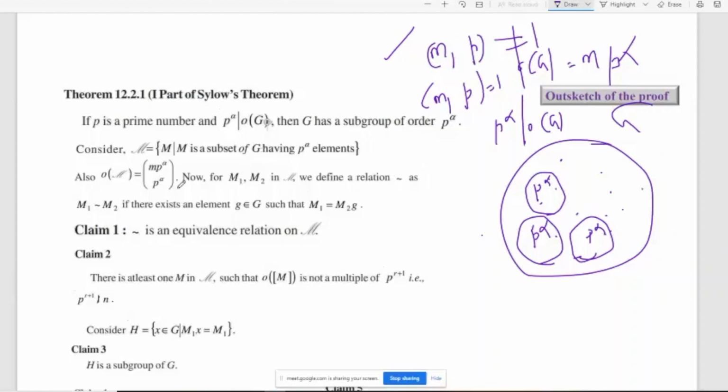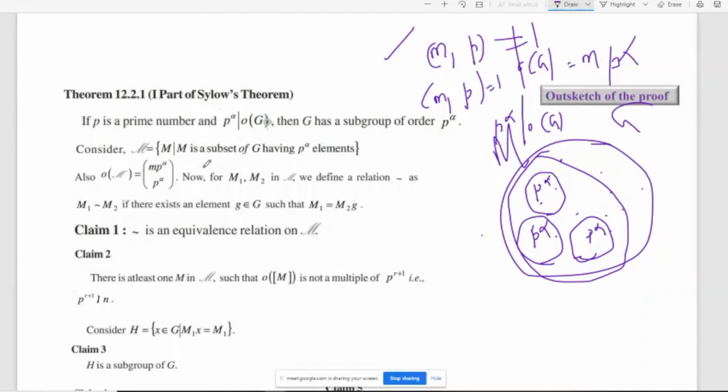So this is what your script M is. You collect all this. So this is my script M. Everything is happening in G. What is G? G is a finite group. What do I know about G? p^α divides the order of G, which means the order of G is m into p^α.